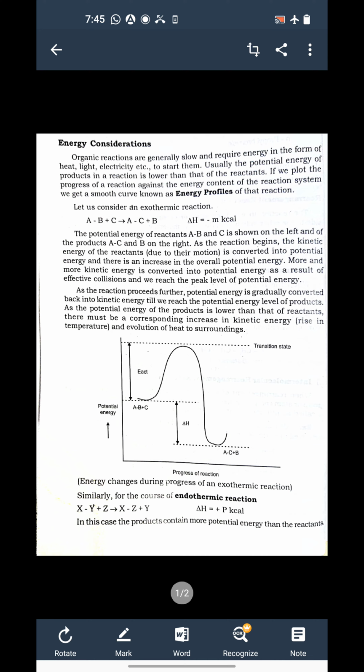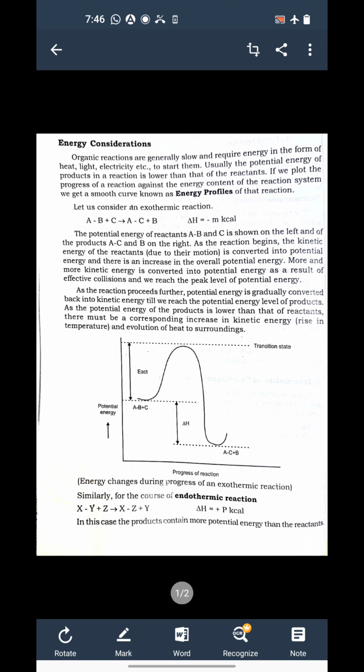So temperature increases, and that's why energy in the form of heat is released in an exothermic reaction. For an exothermic reaction, the potential energy of the reactant is always greater than that of the product, or vice versa, the kinetic energy is more for the product, and that's why the energy profile diagram is like this.